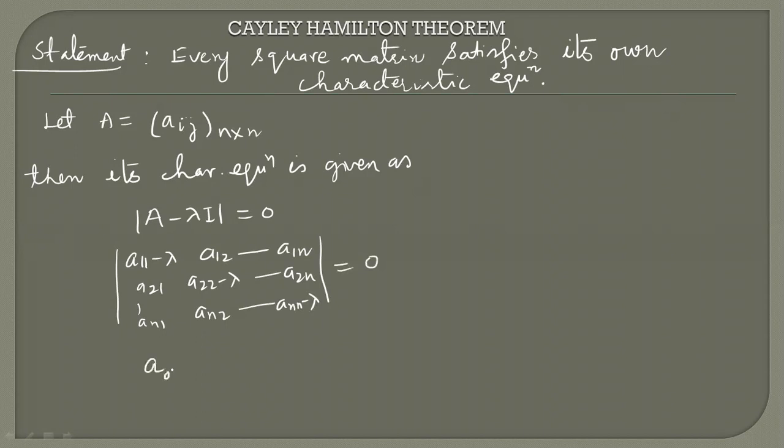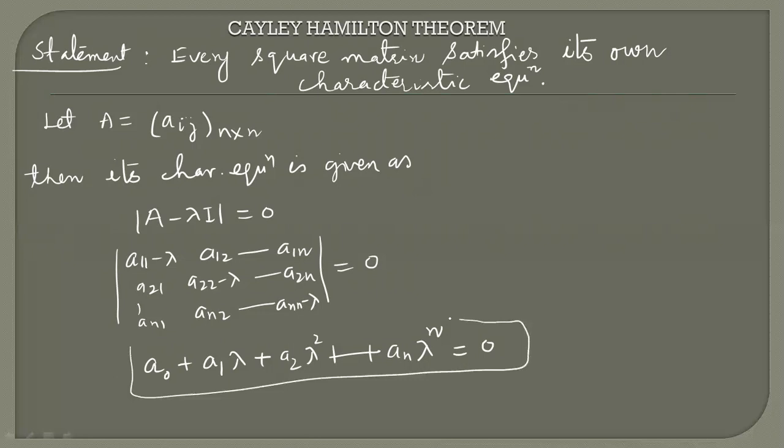If you expand it, you will get an nth degree equation in the variable lambda. Now this is your characteristic equation in lambda, and the roots of this equation are called characteristic roots.